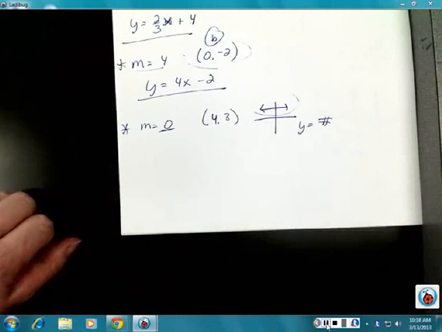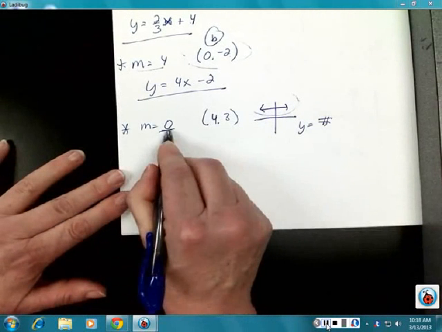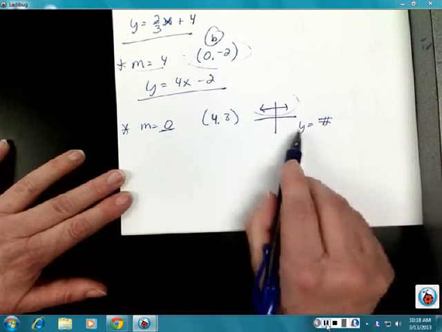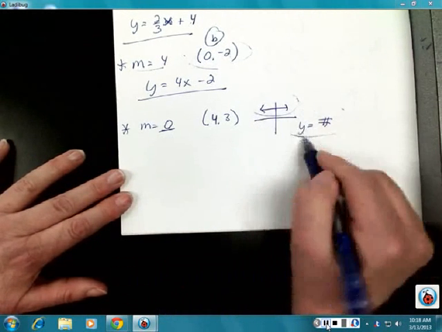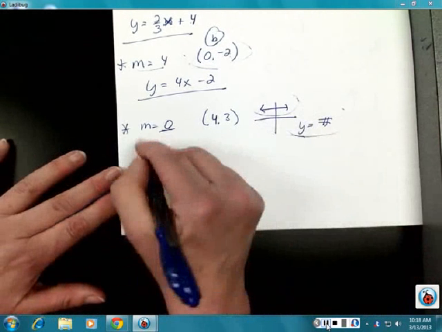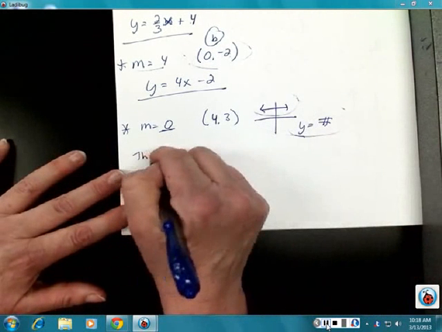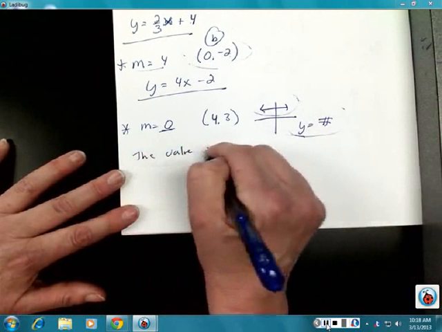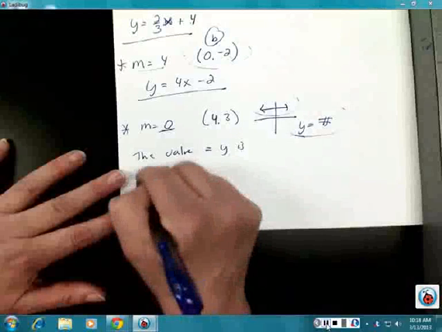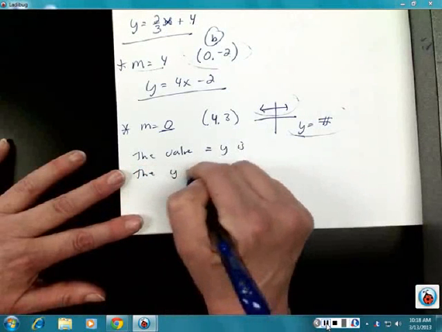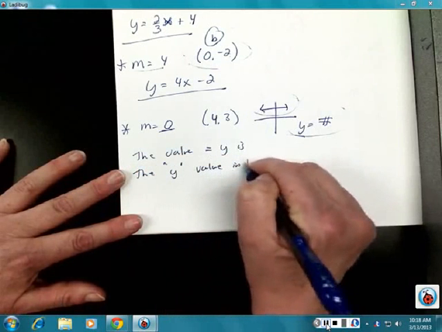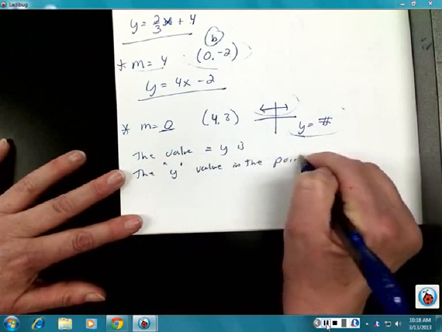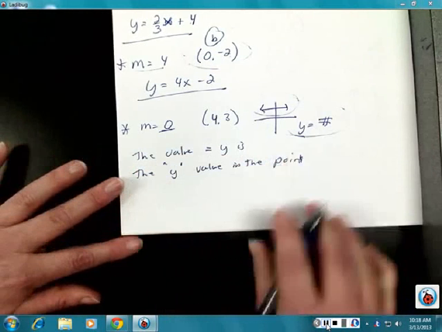Okay, always. So if the slope is 0, it's going to be a flat line, and it's going to be y equals some number. The key to this one is that the value equal to y is the y value in the point. So what's my y value in my point?